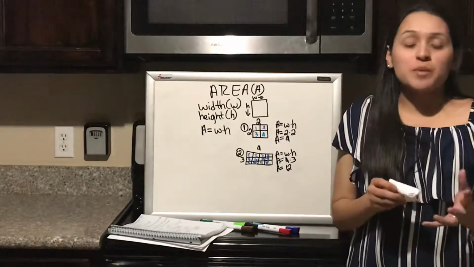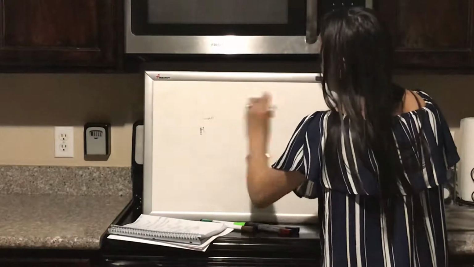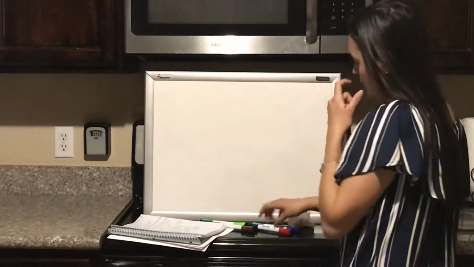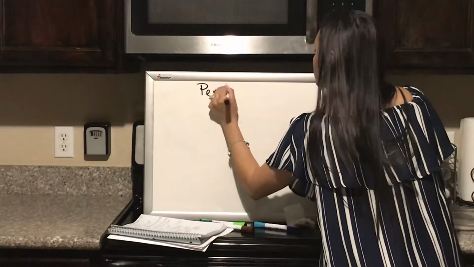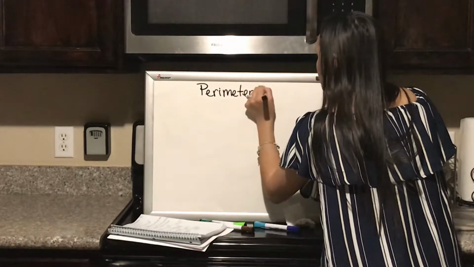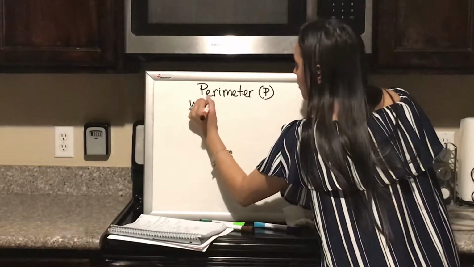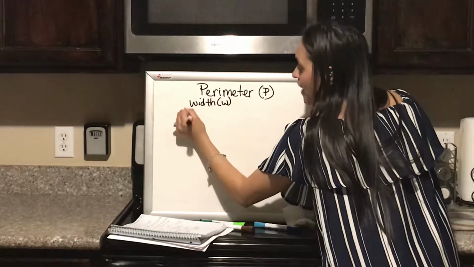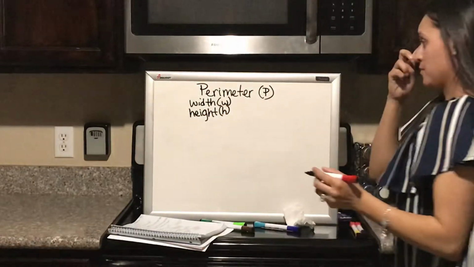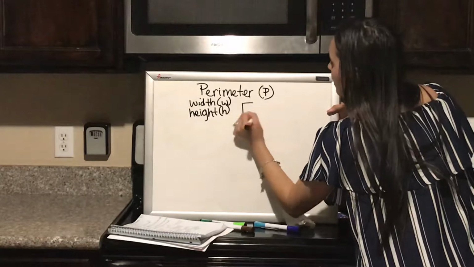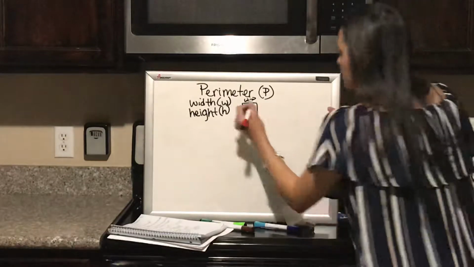Now let's move on to the formula for perimeter. In order to find perimeter, P, we must know the width, W, and the height, H. Again, width is the distance across, and height is the distance down.